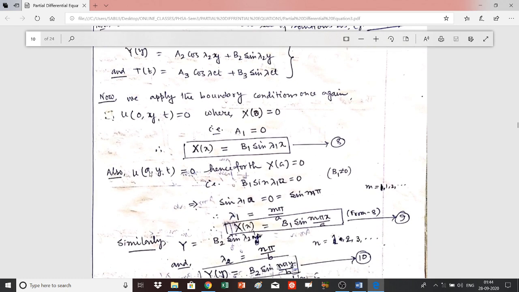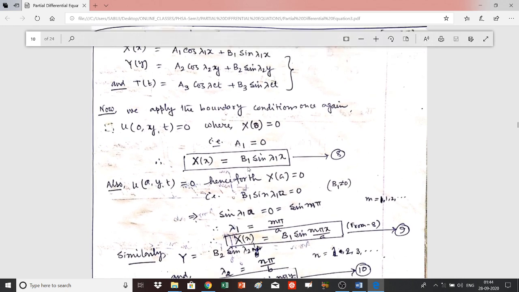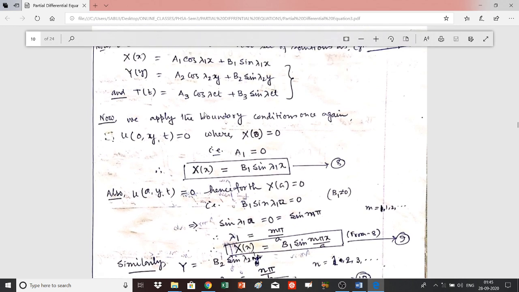Now the second condition, that is u at a, y, t, is also 0, and henceforth you can directly write that x at a will also be 0. Now use the value of x as a in this relation, not in the earlier one, because the a1 term is not here.